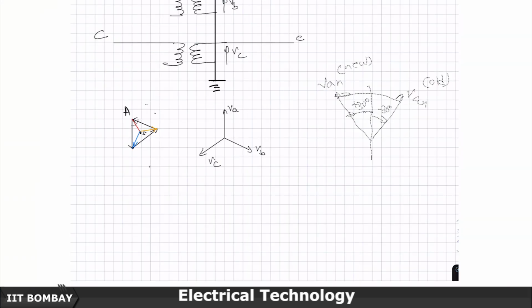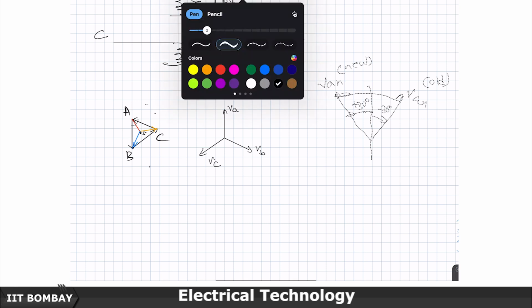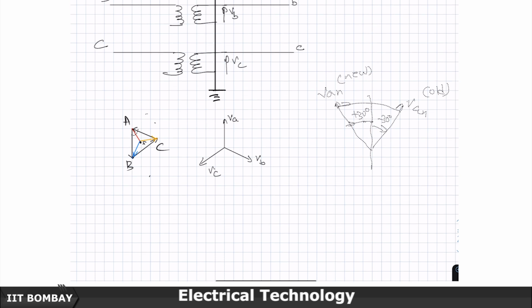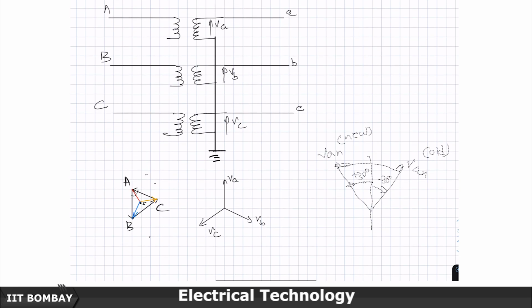This is capital A, capital B and capital C. So these are capital A, B, C. So now everything is, this is the way I want my interconnection happening on the other side.